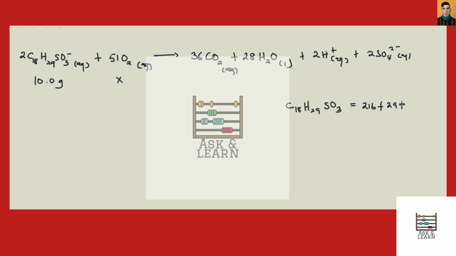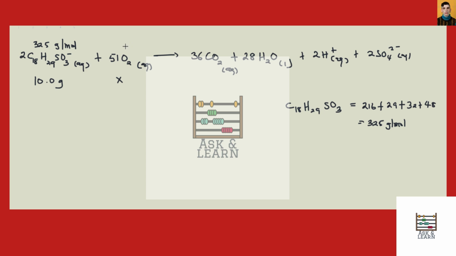Sulfur is 32, and we have one of it. And oxygen is 16, and we have 3, so 16 times 3 will give us 48. So we sum them all together: 216 plus 29 plus 32 plus 48 will give us 325 grams per mole. So we'll put that here, 325 grams per mole.